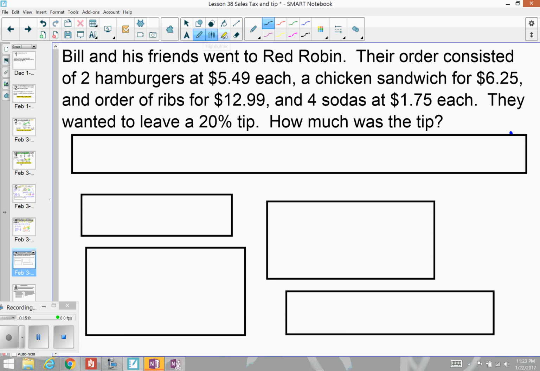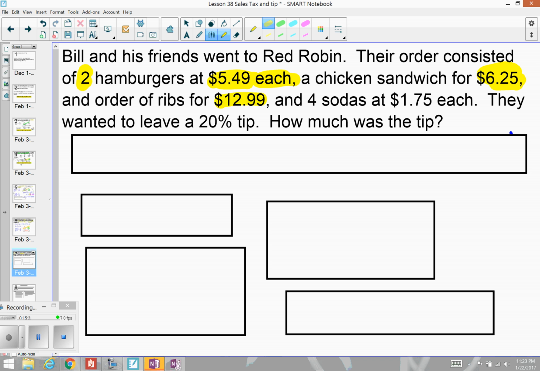All right, so let's see what our information is that we know. We know that there were 2 hamburgers. We're going to have to calculate those. Each one of them cost $5.49. The word each gives us a clue that we're looking for more than one. There's a chicken sandwich. Our next meal is $6.25.